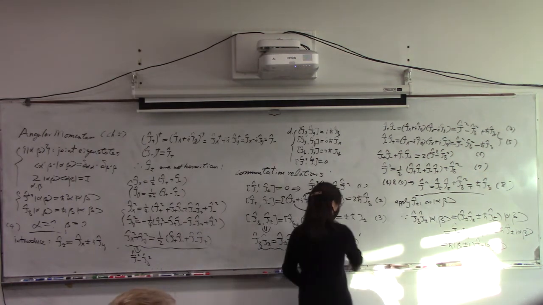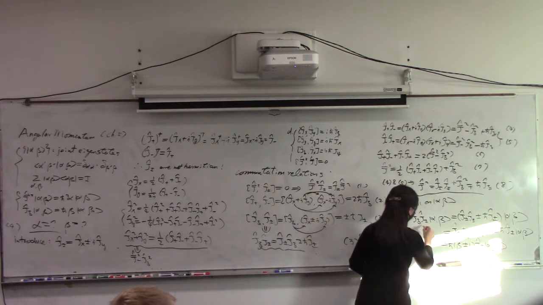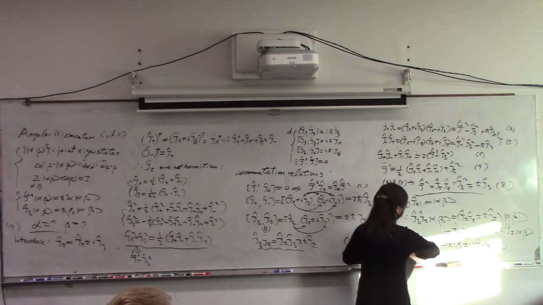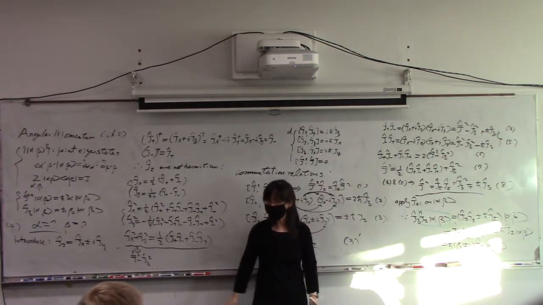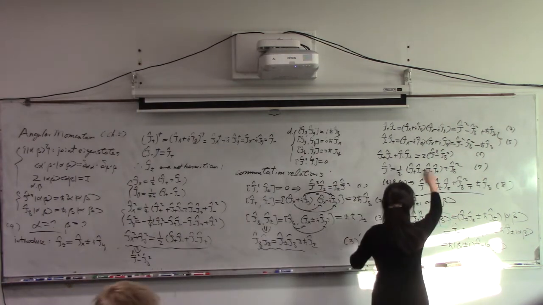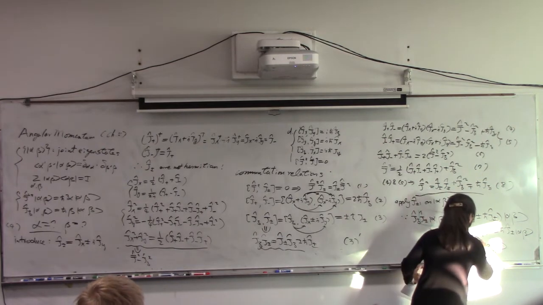So what does that mean? If you consider this a new state, J plus minus applied to the joint eigenstate of J squared and Jz, then what happened?